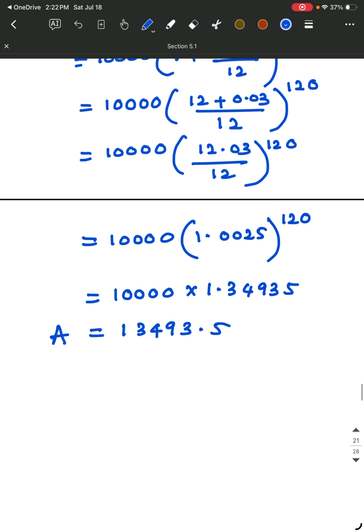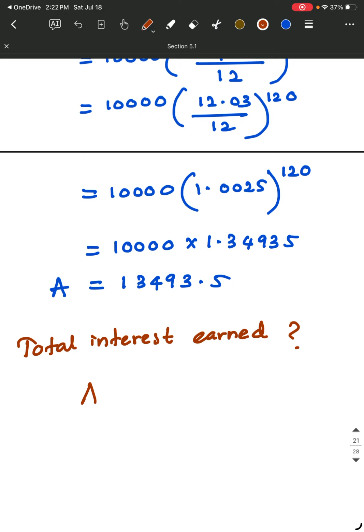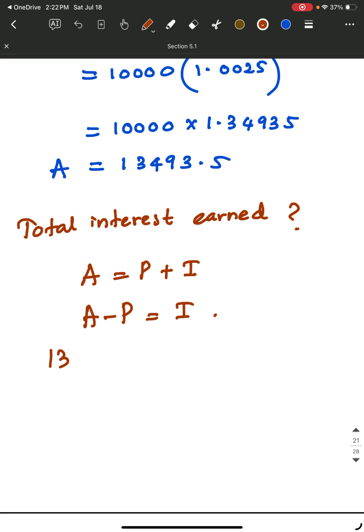If we wanted to calculate the total interest you earned, so that is A equals P plus I, then A minus P gives us the total interest. The total interest is 13,493.50 minus 10,000.